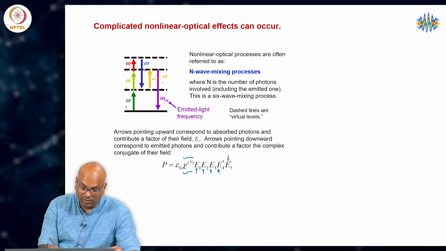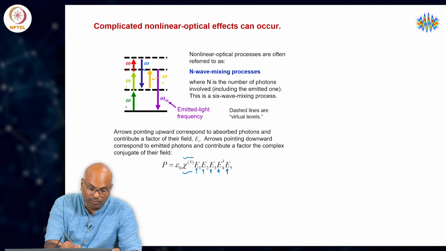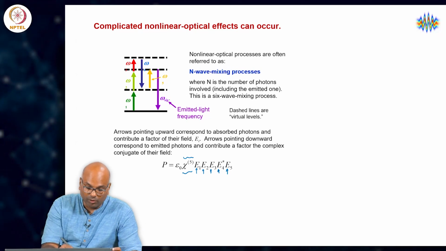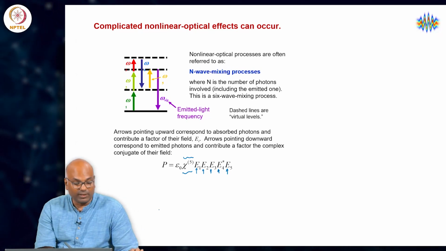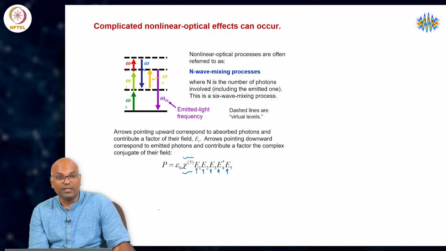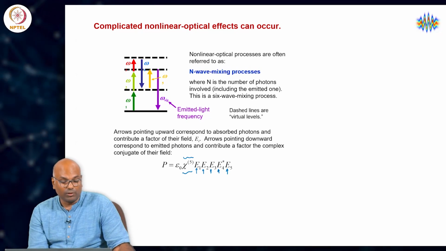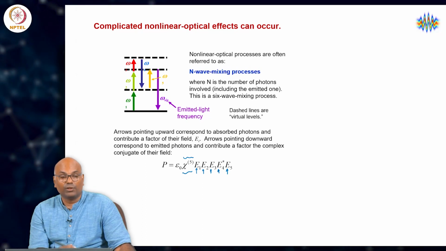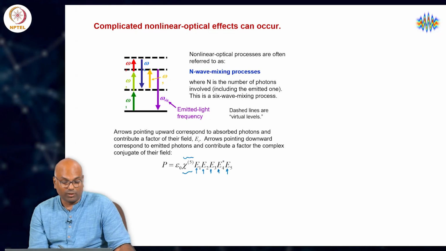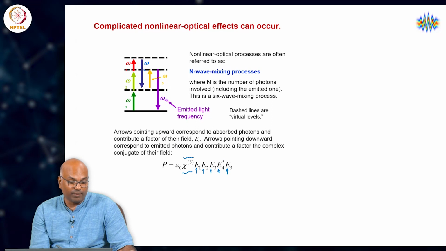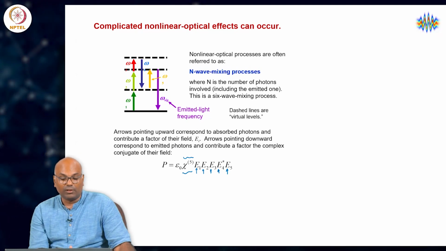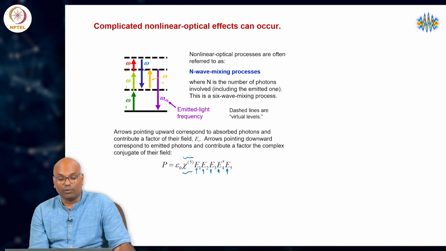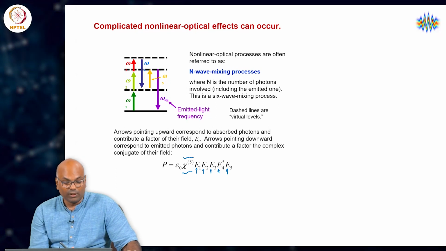In fact, this is also a causal field E 5, and the omega 5 signal is born out of a 6 wave mixing process where the 5 incident waves play a causal role and the 6th wave is essentially emitted as a consequence, but that is also present in the medium and it interacts with the causal frequencies from omega 1 to omega 5, and hence it is called a 6 wave process.